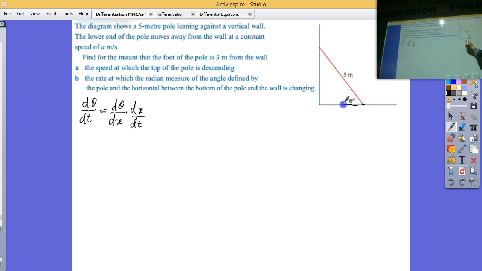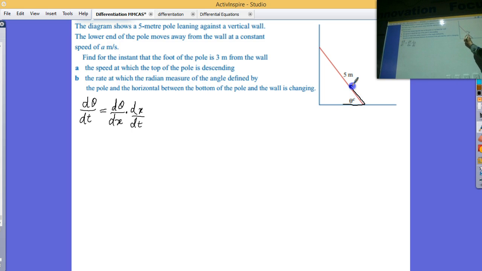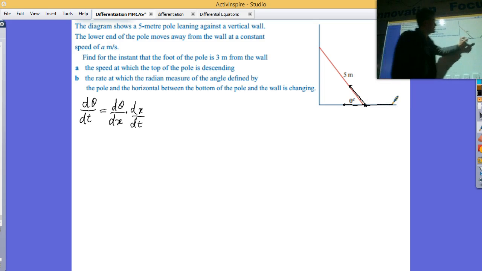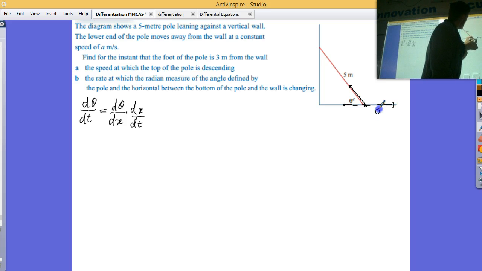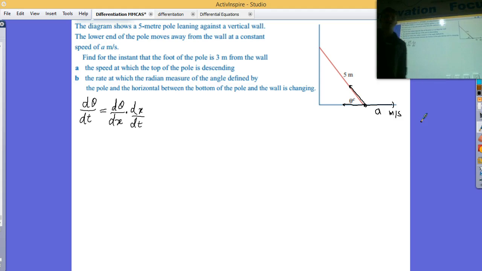As the base of the pole slips out from the ground and travels at some known constant rate of a meters per second, it could be 2 meters per second, it could be 3, we want to find dθ/dt, the rate of change of the angle.